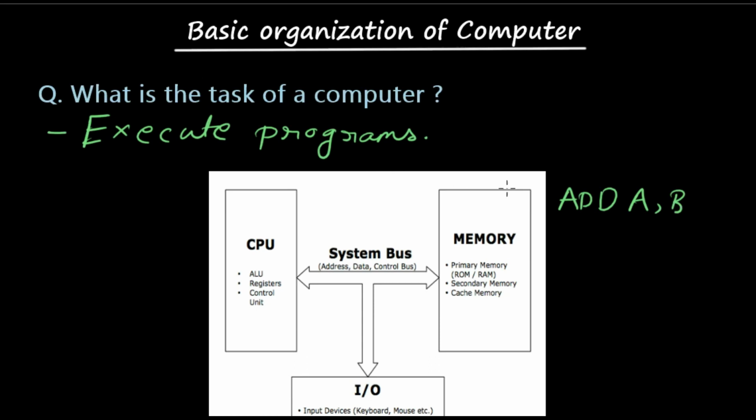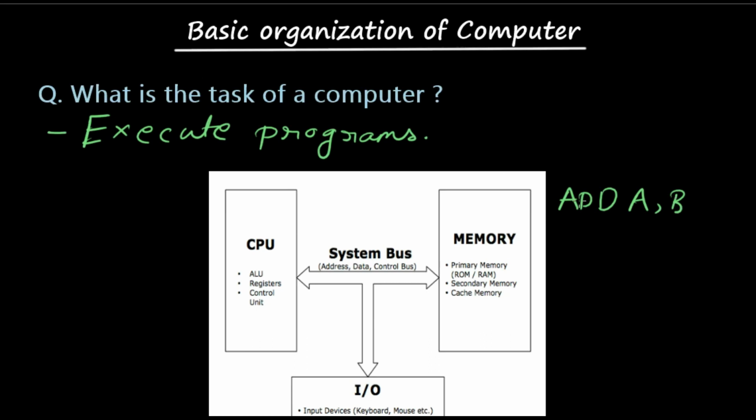Because this is English language and the computer doesn't know English. It can only understand ones and zeros. So there has to be some mechanism through which this high level instruction is translated into the level of instruction that a CPU can understand.